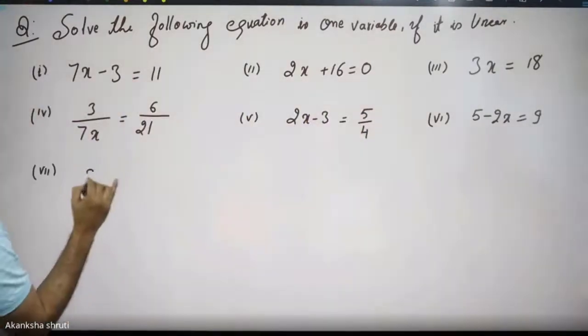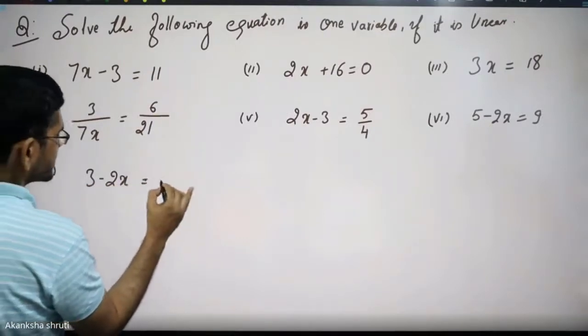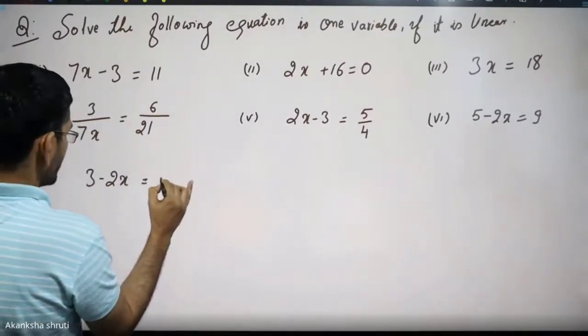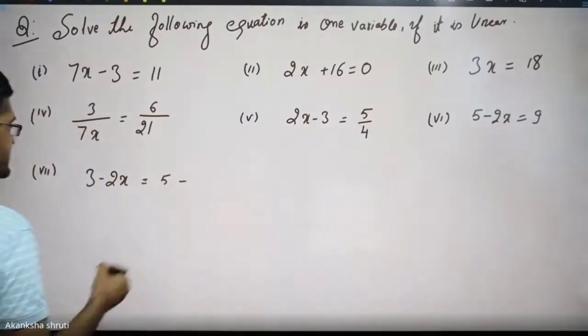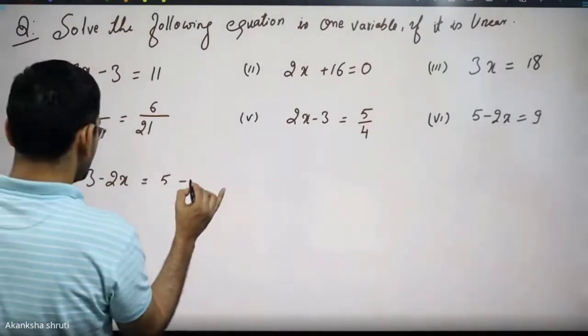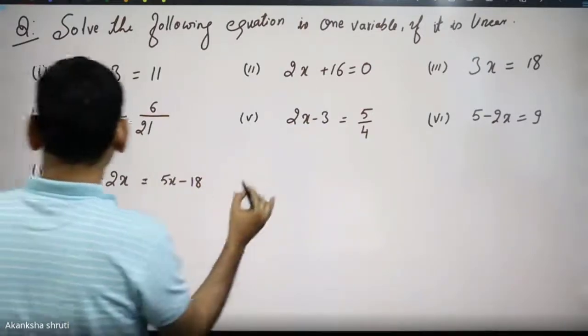Then 3 minus 2x is equal to 5x minus 18.